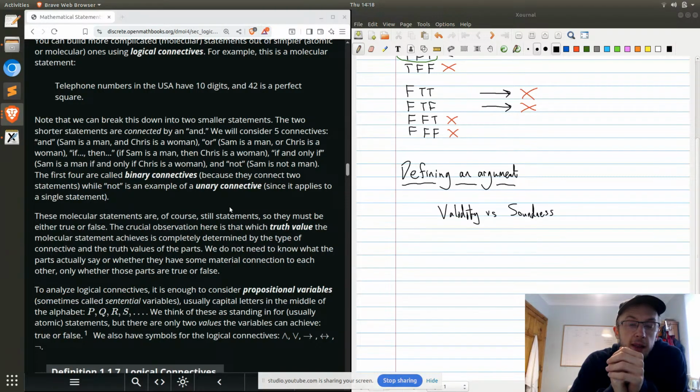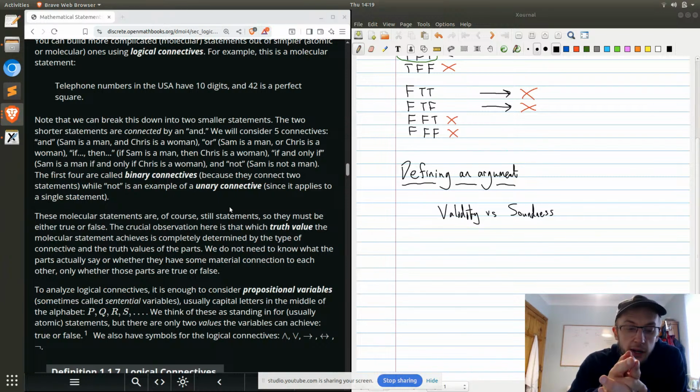If Sam is a man, then Chris is a woman. If and only if, which is again a single logical connective, as in Sam is a man if and only if Chris is a woman. And finally, not, as in Sam is not a man.